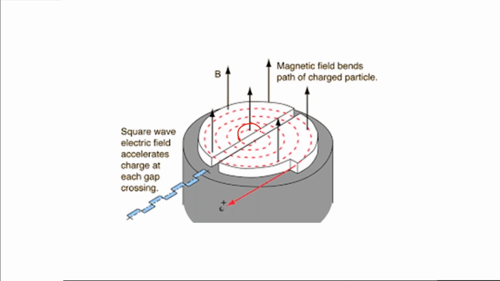When it crosses this gap region, it is acted upon by the electric field, and the electric field is working on this charged particle. So that work done will be stored as kinetic energy. That will give you the kinetic energy. So the energy will be increased once it reaches the second D.